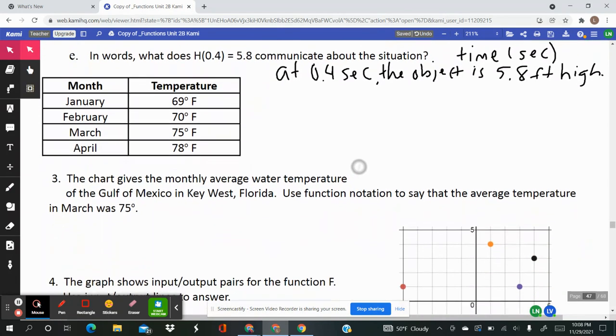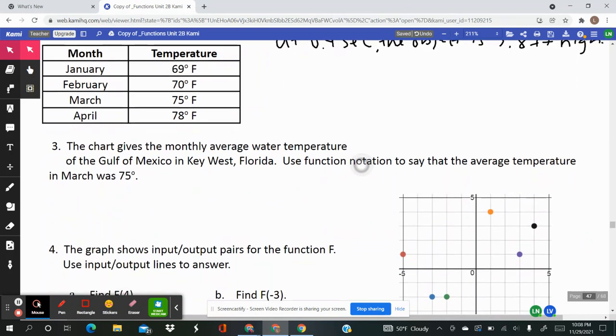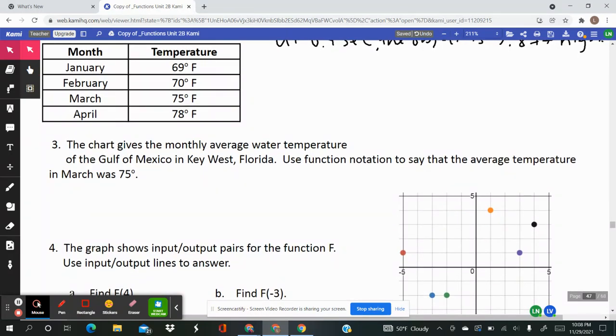All right, so let's move on to number 3. The chart gives the monthly average water temperature of the Gulf of Mexico and Key West, Florida. We're going to use function notation to say that the average temperature in March was 75 degrees.